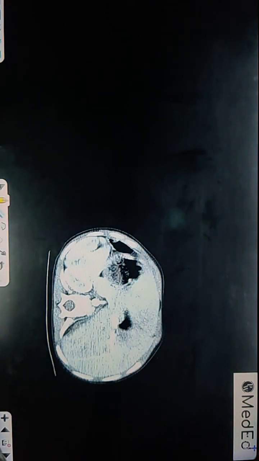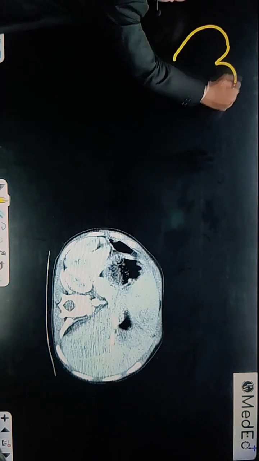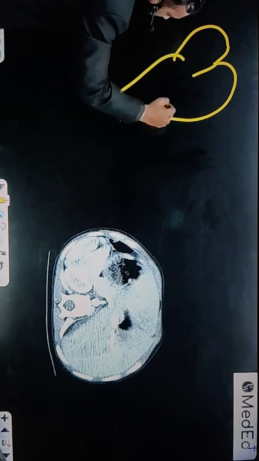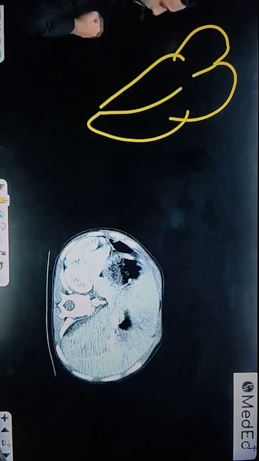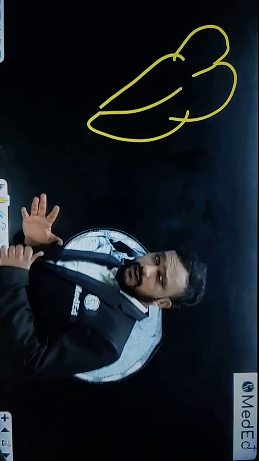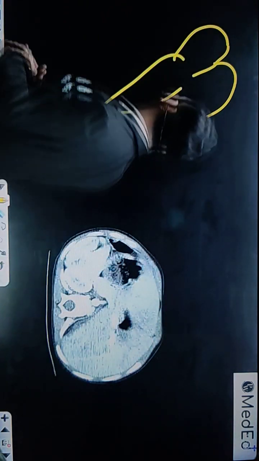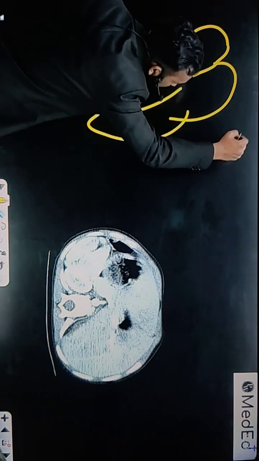So guys, there is one more. Let me draw a heart for you. Okay, so this is your heart. Sometimes what happens in our body is that the structures on the left side of the body resemble the structures on the right side. Just listen to me very carefully.